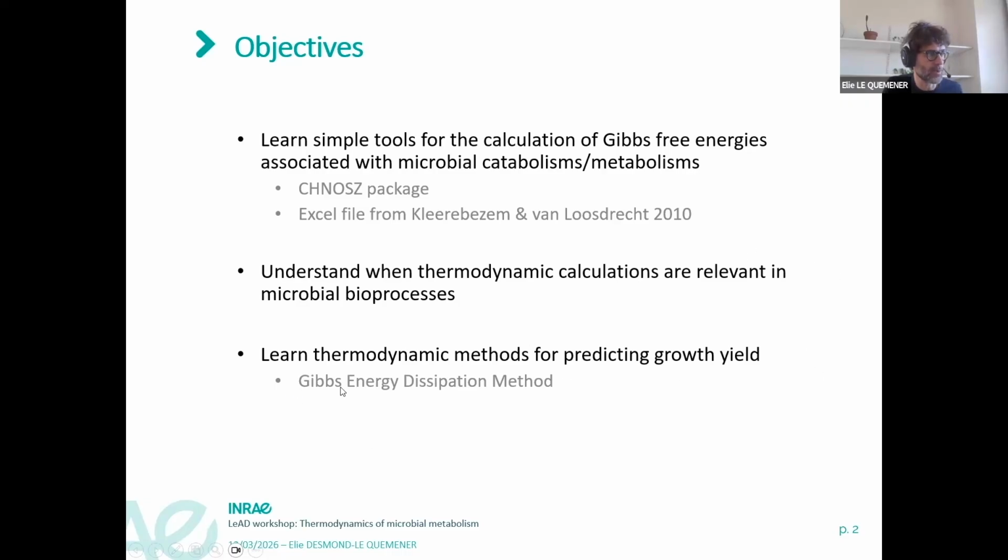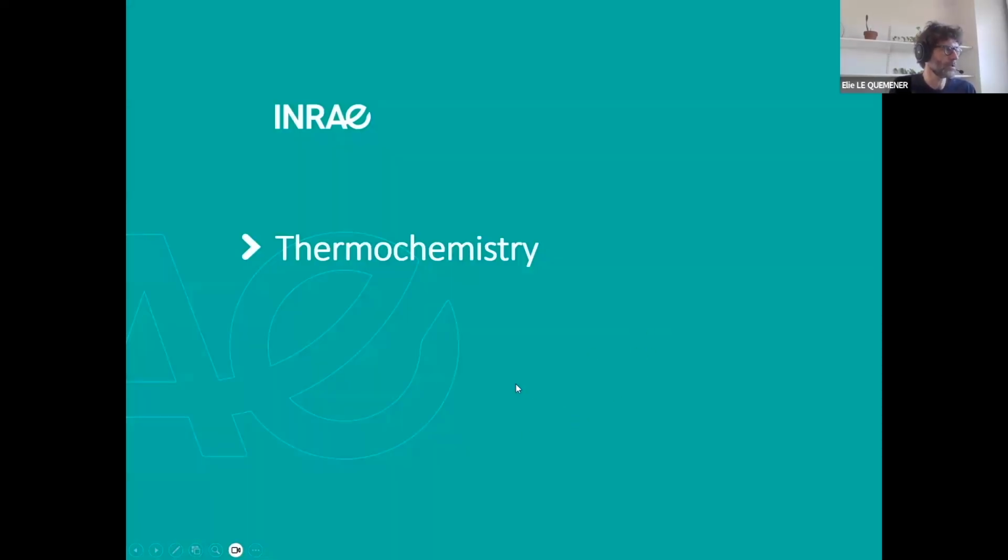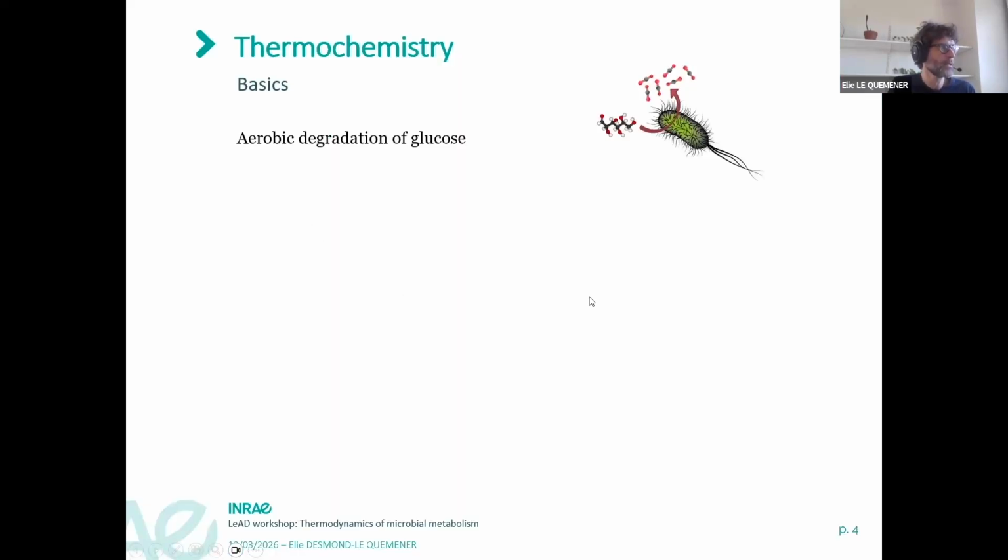And the last part will be on the method to predict yield using thermodynamics. I don't know if I will have time to do everything, but we'll see, depending on how fast it goes. So first part is some recall, probably for most of you, about thermochemistry.